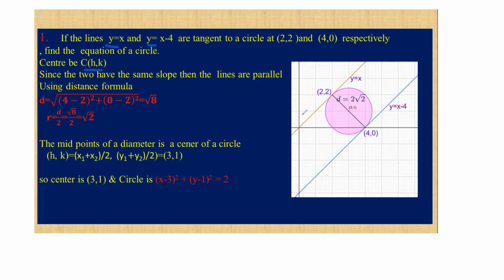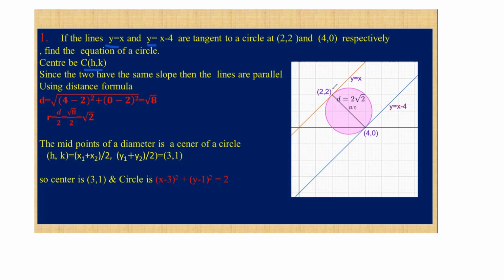If two tangent lines are parallel, the distance between the two tangent lines is a diameter, so that we can calculate the diameter of a circle using the distance formula.